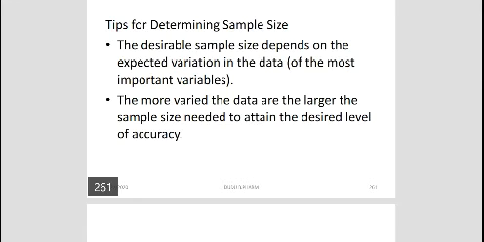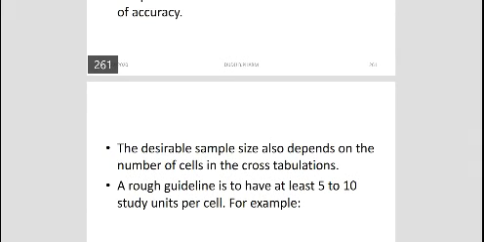You cannot find people who are all the same height, but if you try to put them into group intervals, you can get maybe those with height of 60 up to so many, 102 up to so many. I think you understand this. So the more varied the data, the larger the sample size needed to attain the desirable level of accuracy.